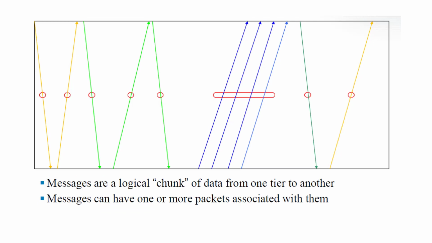We are talking about messages, and these messages can have one or more packets associated with them. The color of each message, each arrow, depends on the payload, the amount of bytes for each application message.